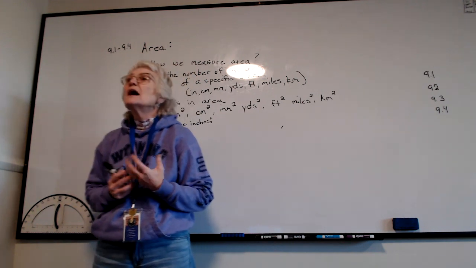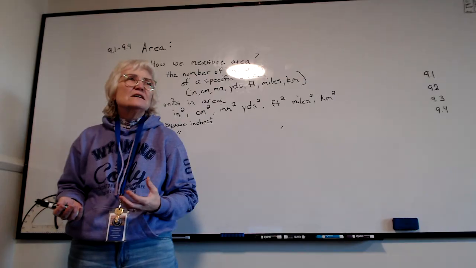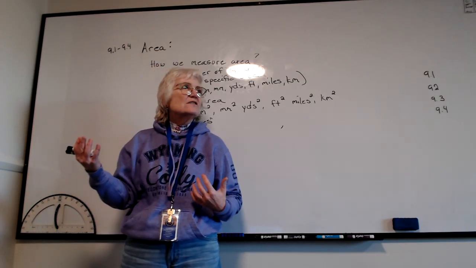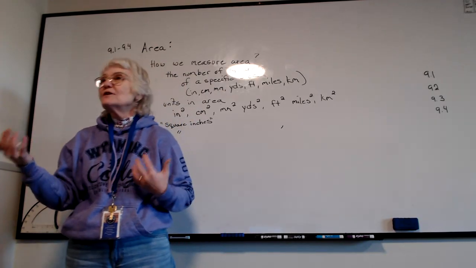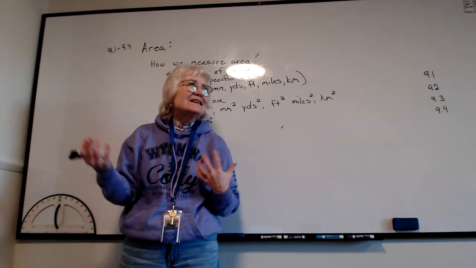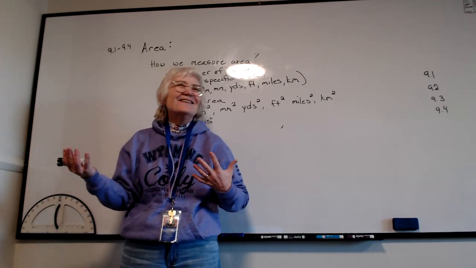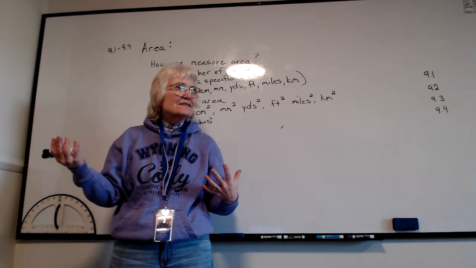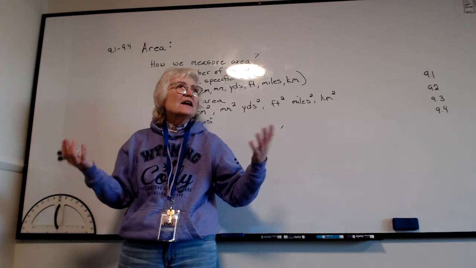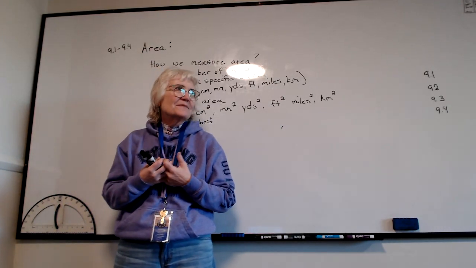There's so many square miles in this state. So if you look up the size of Texas versus the size of Vermont, you'll see that there's a huge difference in the square mileage of those states. And that's how you can compare things, because you're looking at the same units. Okay.